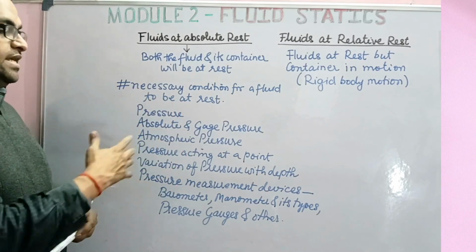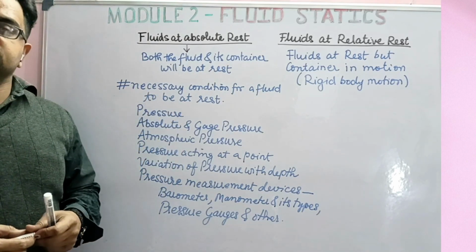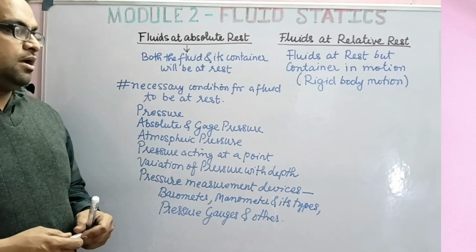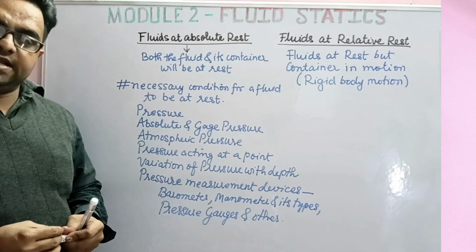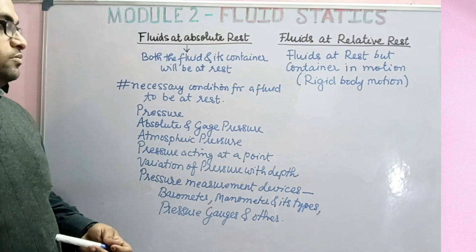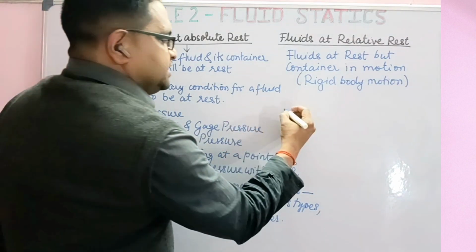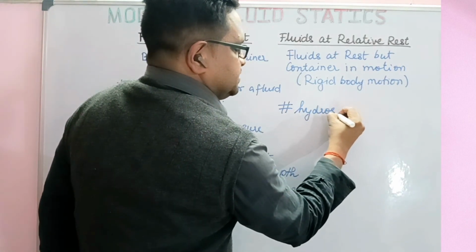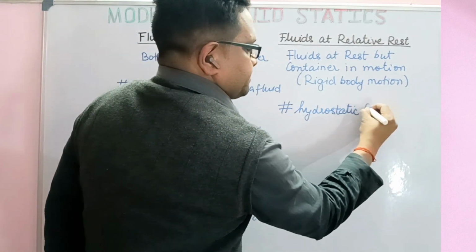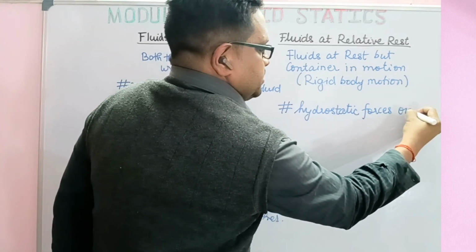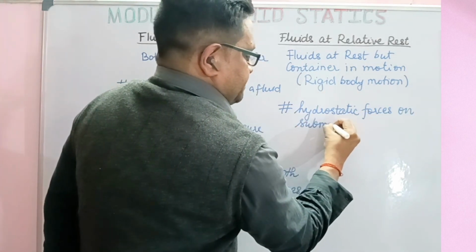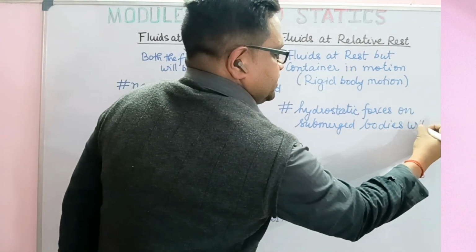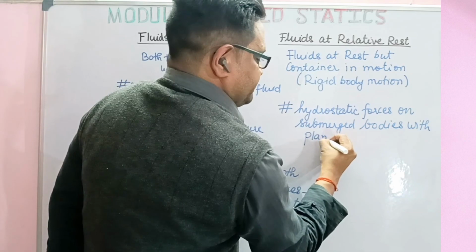Now, after discussing this, we will move forward and discuss the hydrostatic forces that will be acting on submerged bodies. The submerged bodies may have a plane surface or a curved surface. So, next, we'll discuss the hydrostatic forces on submerged bodies with plane or curved surfaces.